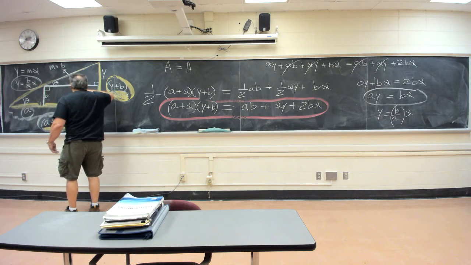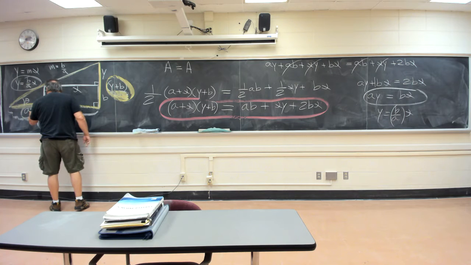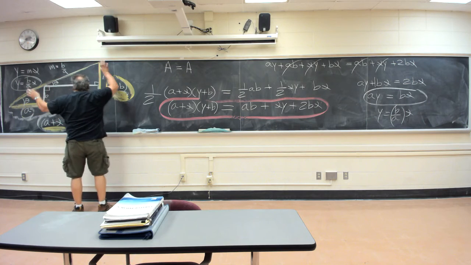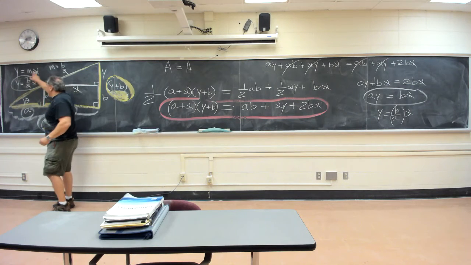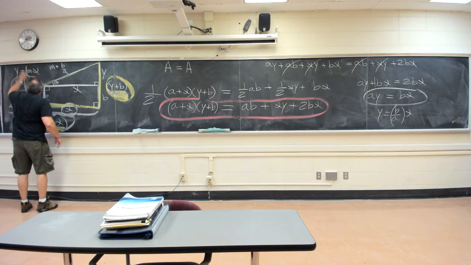If you take any rise of B on a right triangle, associated with a run of A, for any right triangle that is similar to another right triangle, no matter how big that one may be, if you multiply by the run that one's making, you'll be able to get y. And that's really indicative of y equals mx plus b. The slope indeed is this. That guy right there is the slope.